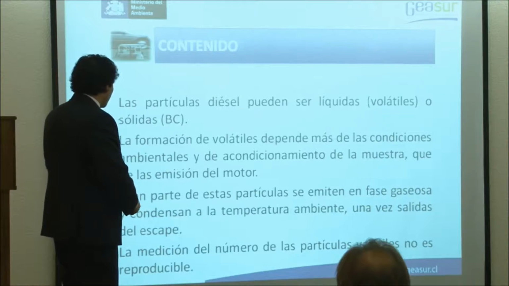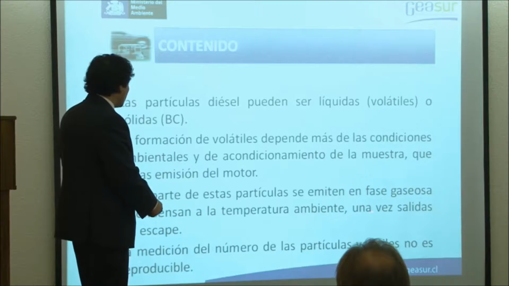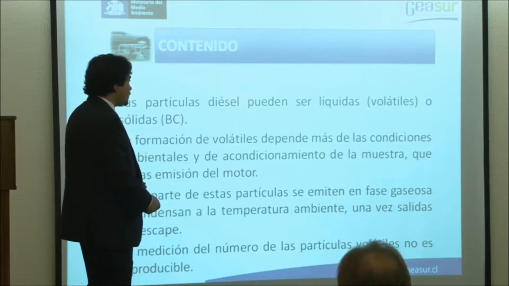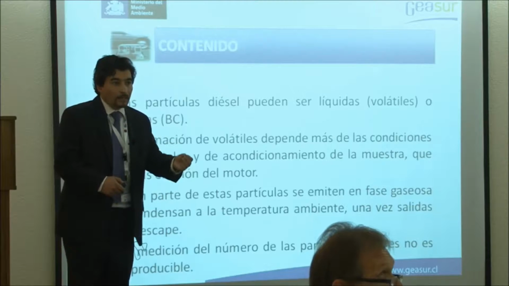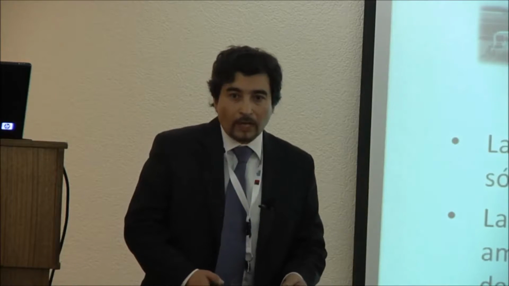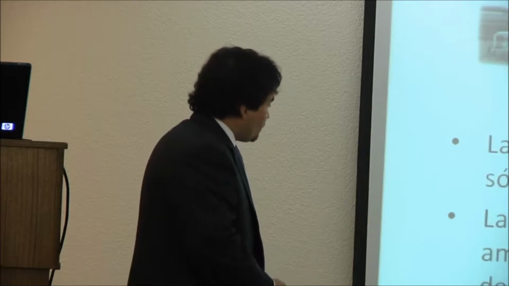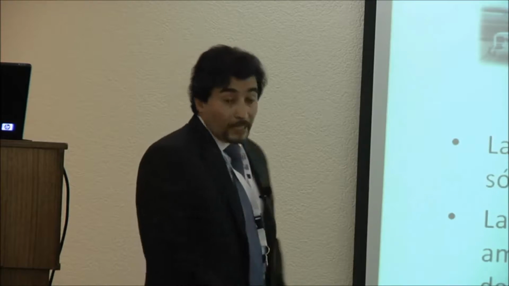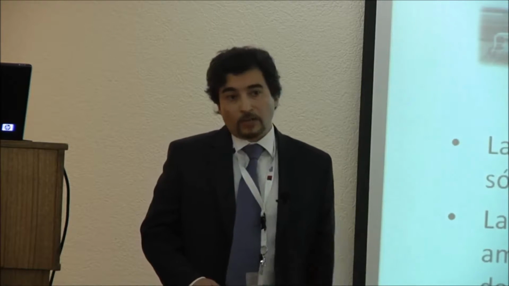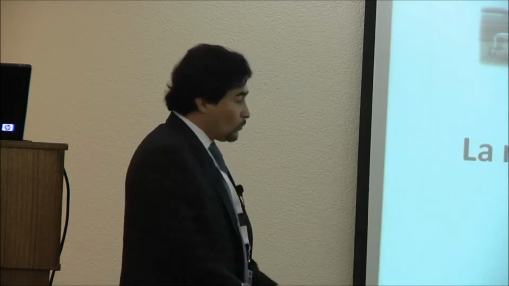A great part of these particles are emitted in a gas phase, and then they condense, which means that they're not particles when they come out of the engine, but they form due to the conditions of the environment. Now, for the measurement of the number of volatile particles, these characteristics are not reproducible.